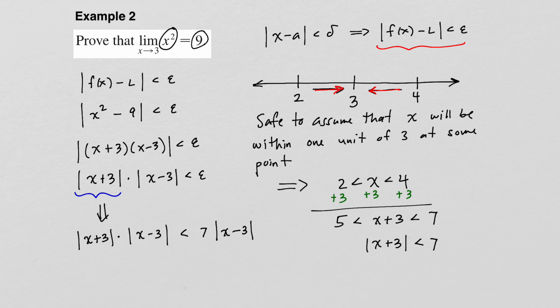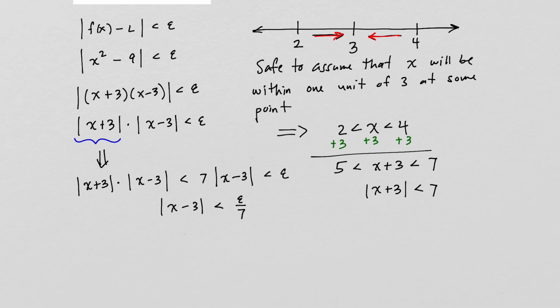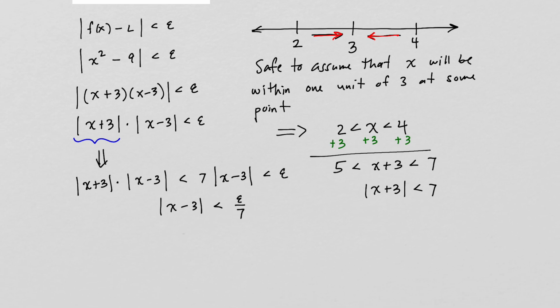And we want this, ultimately, to be less than epsilon, as we have stated up here. So if that is the case, then the absolute value of x minus 3 would have to be less than epsilon divided by 7. And this is our delta, right? Because the absolute value of x minus a needs to be less than delta.